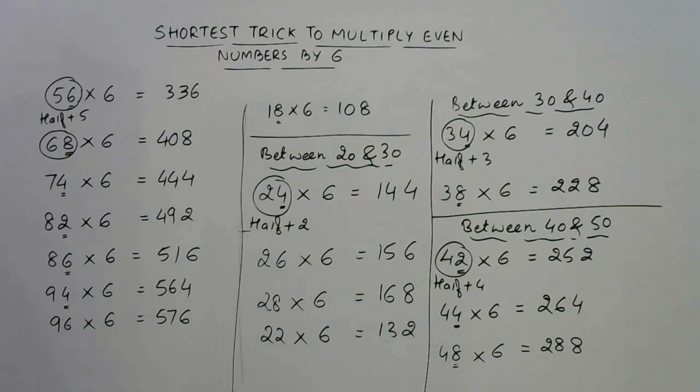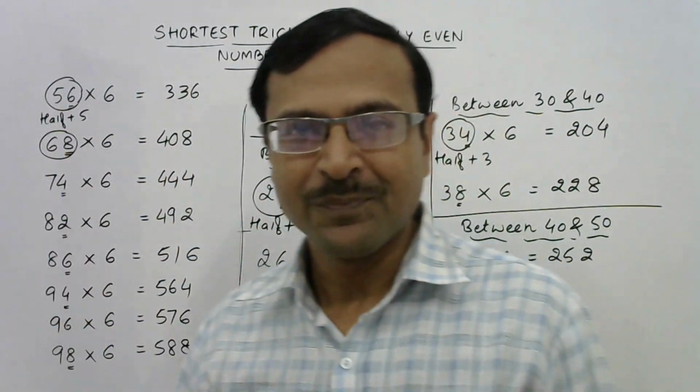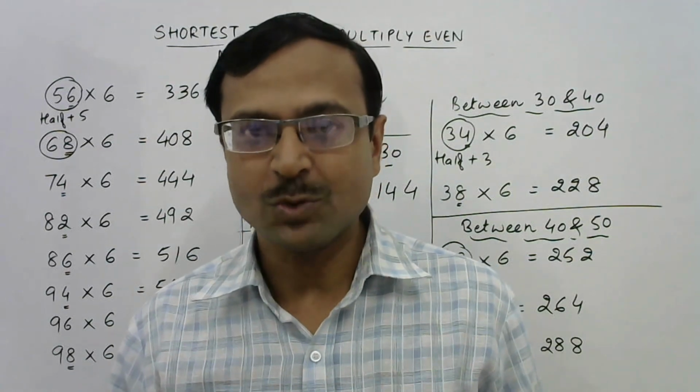So 576 is the product. Finally 98 into 6, ending with 8, because we have an 8 here. The half of this is 49 plus 9, 58. 588 is the product. So friends, is that enough? So many examples for you. This is all just to make you resourceful.